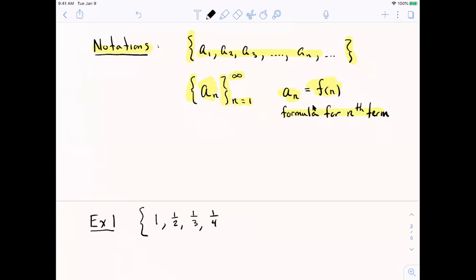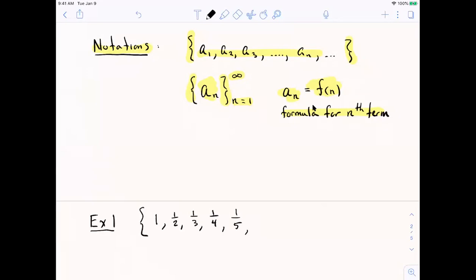You have caught on to the pattern, or you understand the nth term of the sequence, as soon as you can predict what I'm going to write next. I bet you can predict what I'm going to write next. Can you do it? Say it out loud and maybe I'll hear you. I'm going to write 1/5.